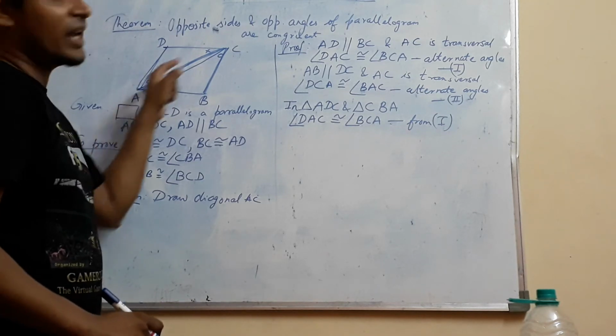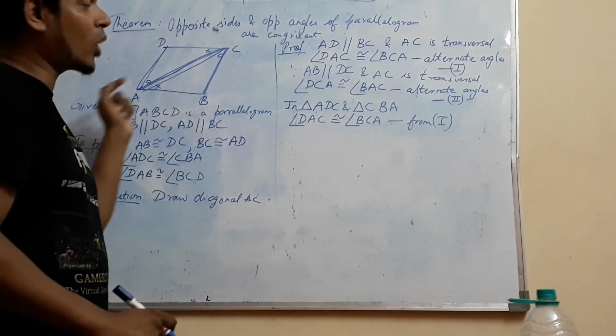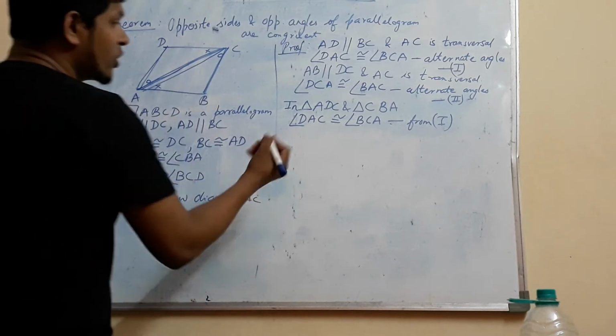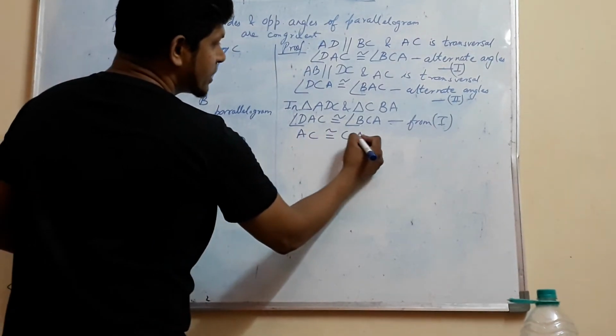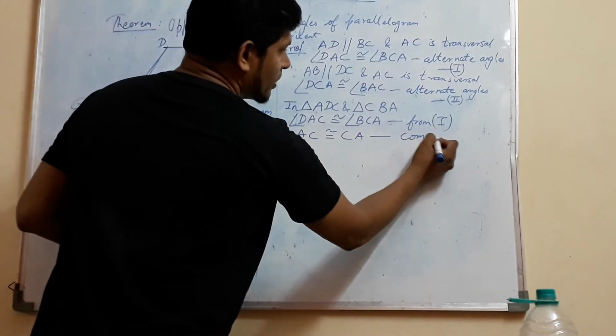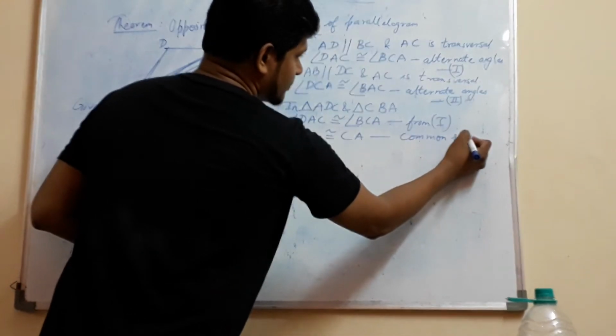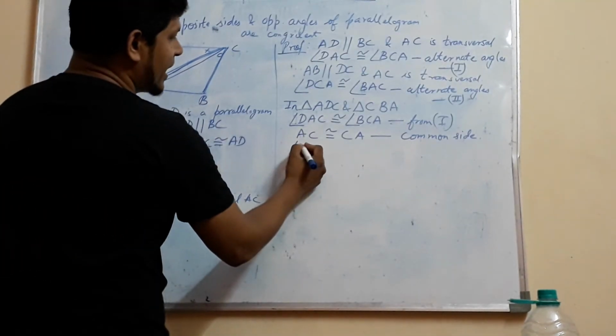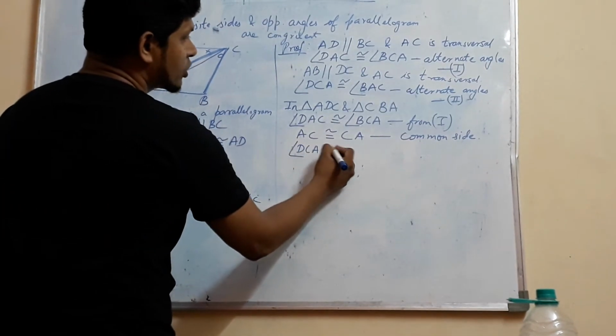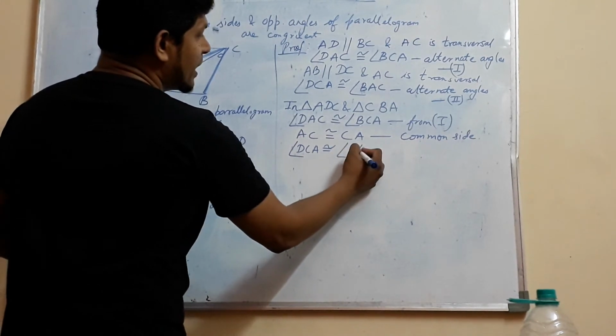We can say AC is congruent to CA because it is a common side. And now again regarding the angle, we can say angle DCA is congruent to angle BAC.